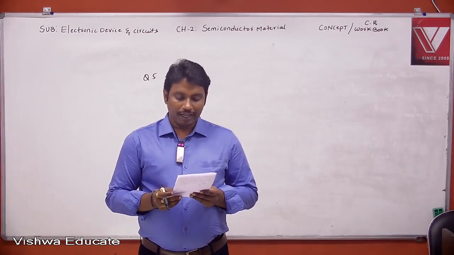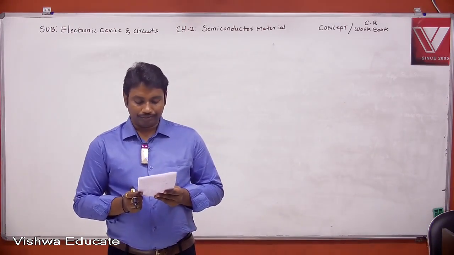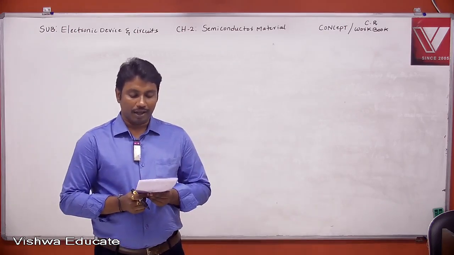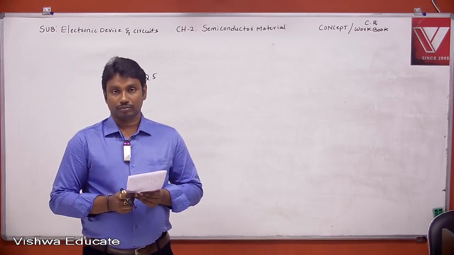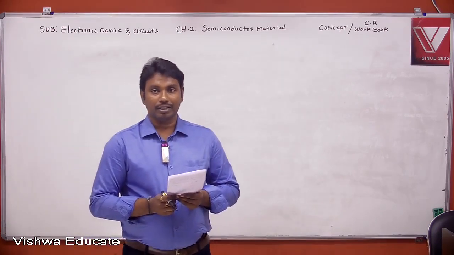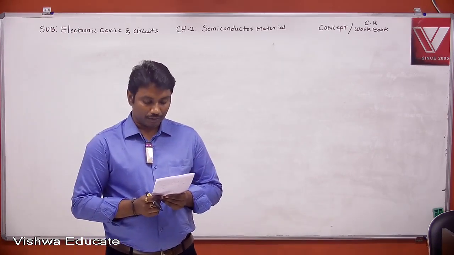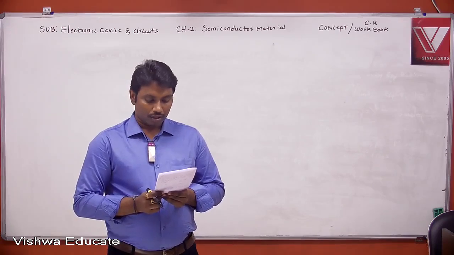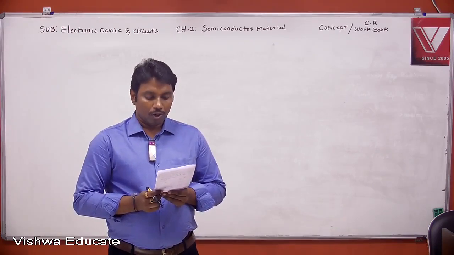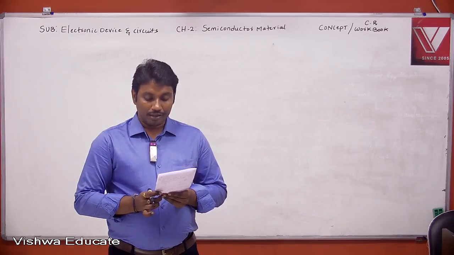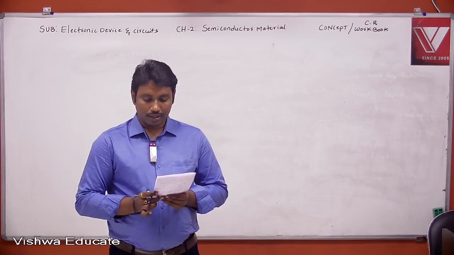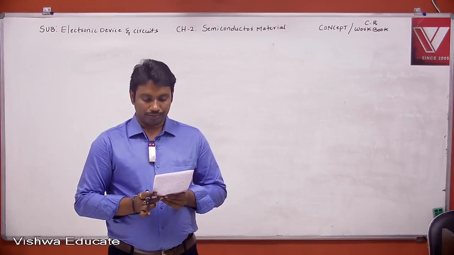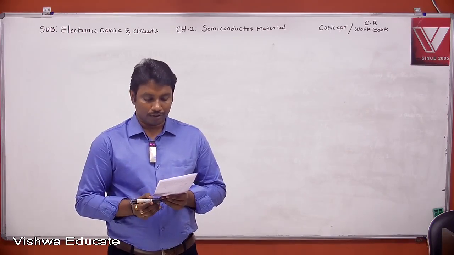An n-type semiconductor has the following data. Hole and electron mobility ratio is 0.4.